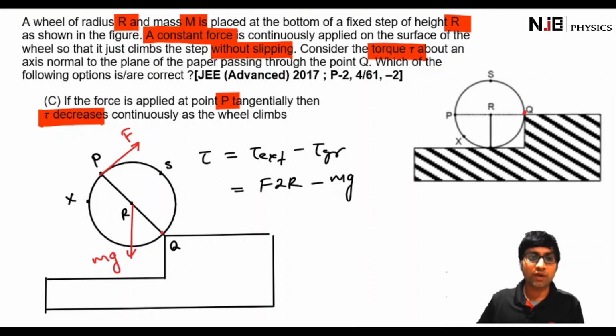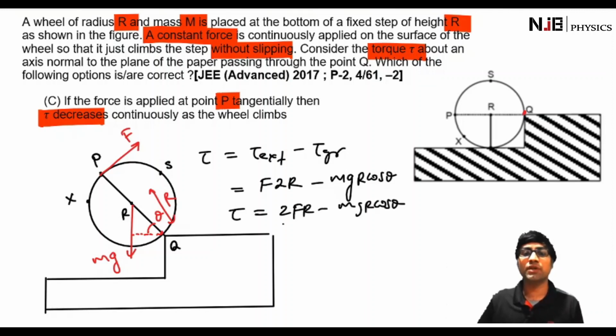So from the figure you can see that this is the perpendicular distance, which is obviously changing with time. So let's say this angle is theta. So we know that this distance is equal to r. So the perpendicular distance to the mg is going to be r cos theta. So now you can see that the net torque is going to be 2Fr minus mgr cos theta. So the first term here is constant, whereas the second term is variable.